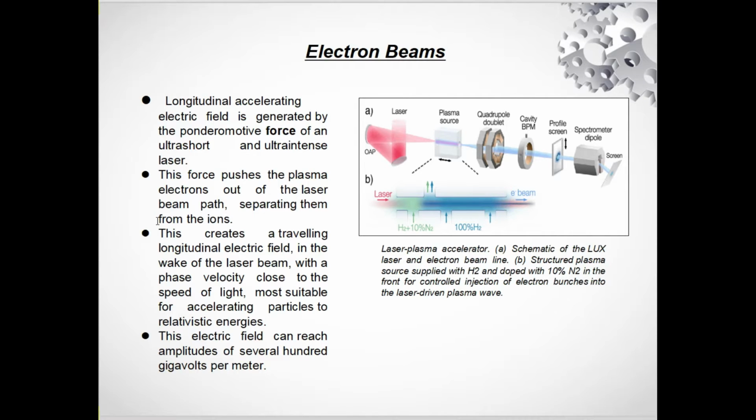And then this creates a traveling longitudinal electric field in the wake of the laser beam with a phase velocity close to the speed of light, most suitable for accelerating particles to relativistic energies. And also, this electric field can reach amplitudes of several hundred gigavolts per meter.